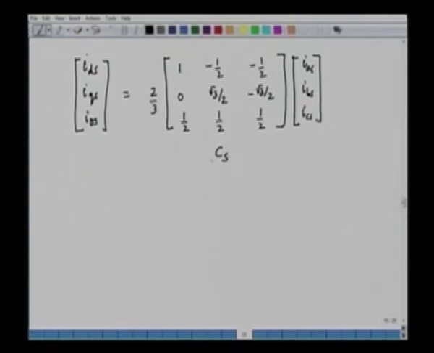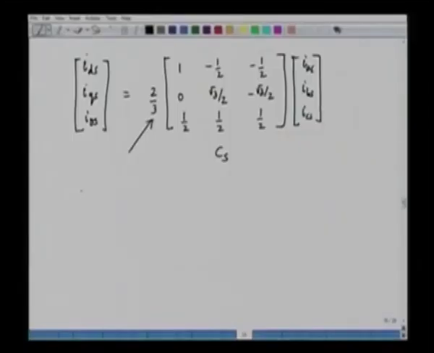Now the question is, how did we obtain this 2 by 3? This 2 by 3 comes into the picture to equalize the per phase variables. It means the per phase currents and the per phase voltages should be the same, and we have to use the same transformation for the current, voltage and flux linkage. So if this is my CS, I can also write IDQOS equal to CS times IABCS.